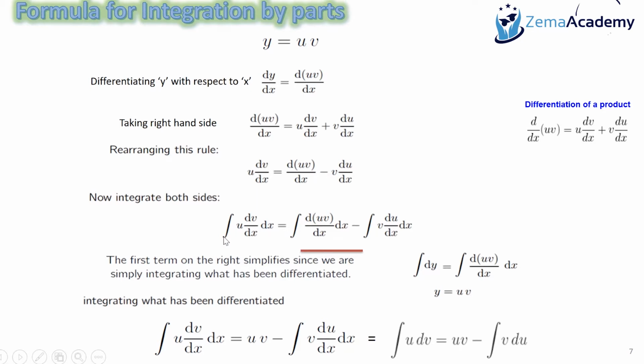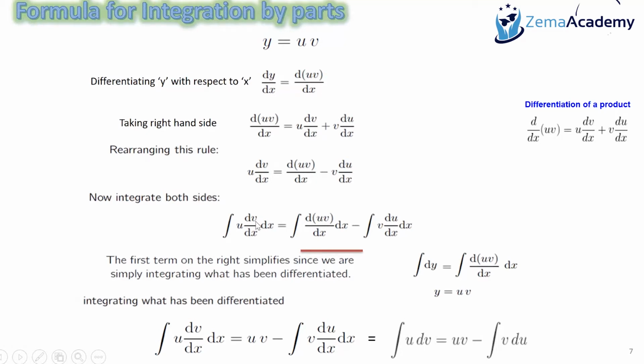So in the next step, you can see that this statement is integrated on both sides of the equation. So here you can see, with respect to x, u dv by dx is integrated with respect to dx, equals the first term integrated with respect to dx, minus v du by dx integrated with respect to dx.